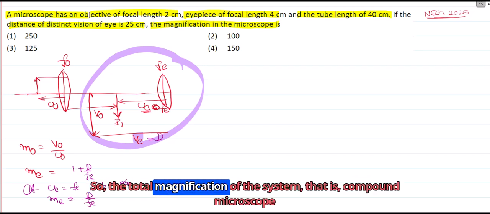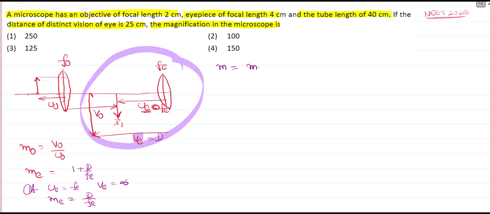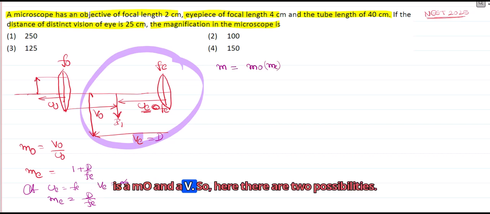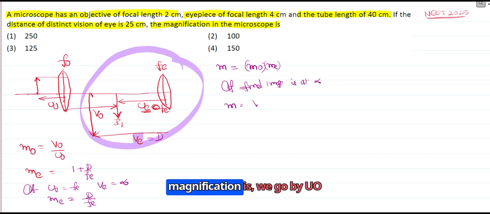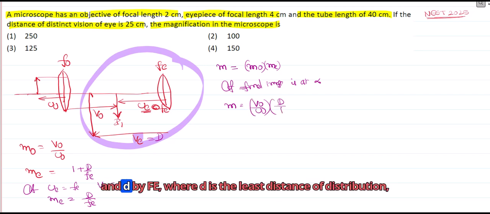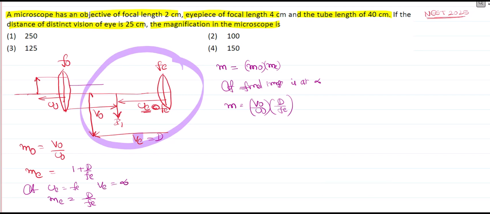So the total magnification of the compound microscope is MO times ME. So here there are two possibilities. If the final image is at infinity, magnification is VO by UO times d by FE, where d is the least distance of distant vision.